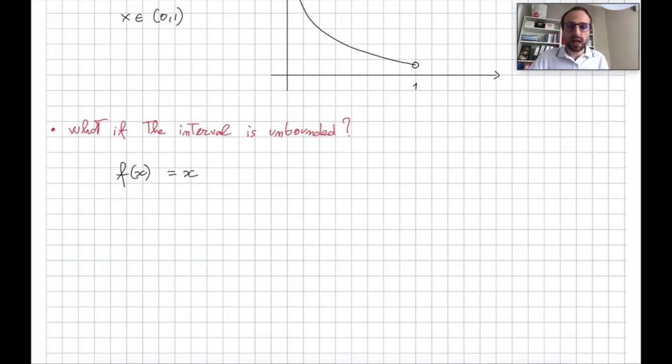You just need f of x equals x, with x in R. This function is continuous. The domain of f is a closed interval, but it's not bounded. And indeed the graph of f of x is this one. You clearly see that there is no maximum because the function goes up to plus infinity, and there is no minimum because it goes down to minus infinity.